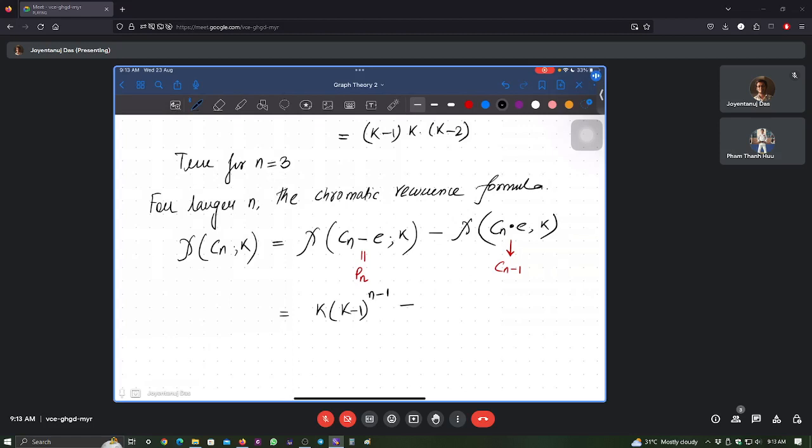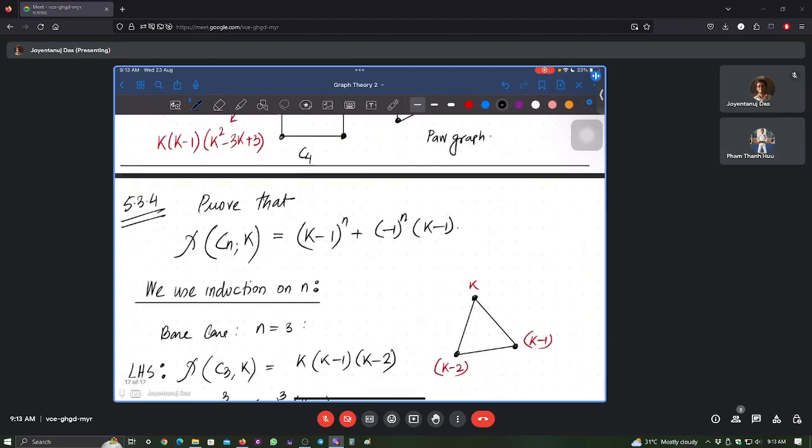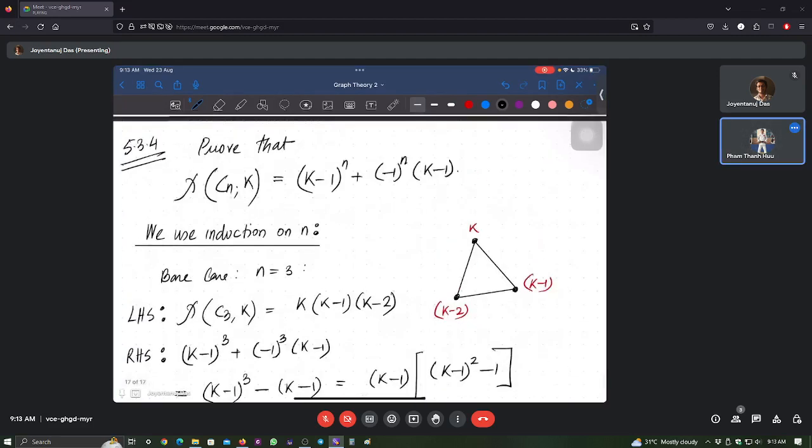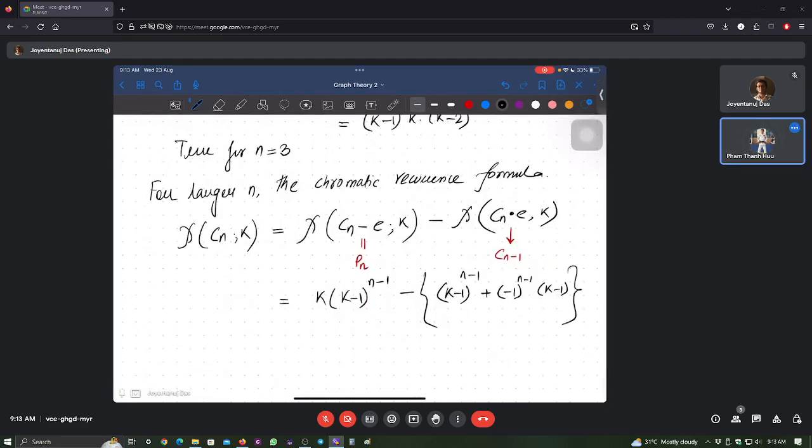And for the cycle, we can use the induction hypothesis: k minus one to the power n minus one, plus minus 1 to the power n minus 1 times k minus 1. Right. So now let us simplify it.